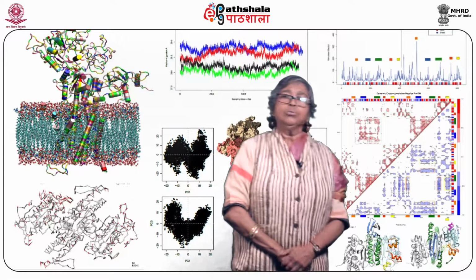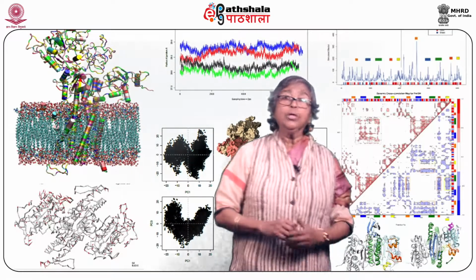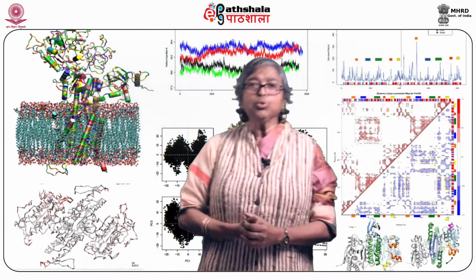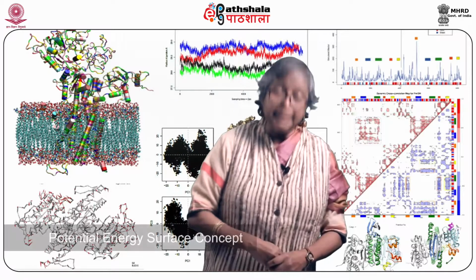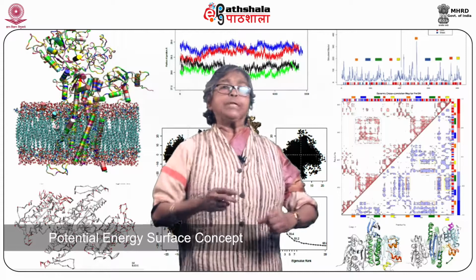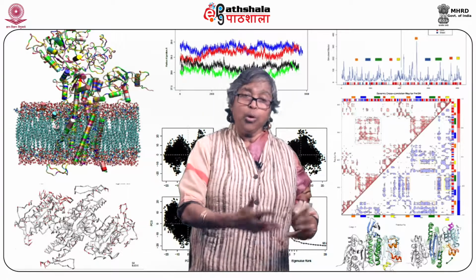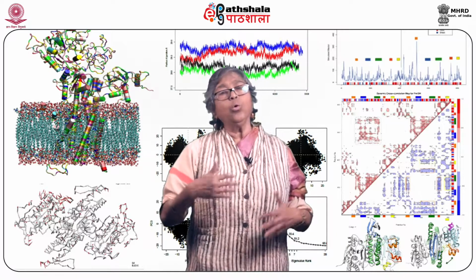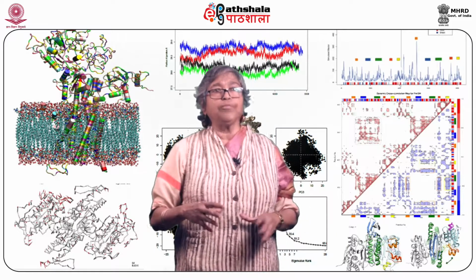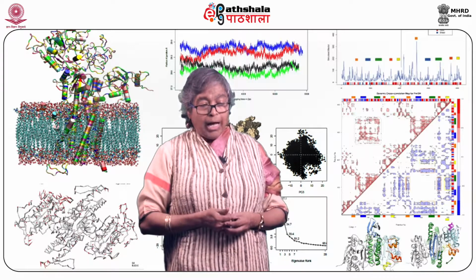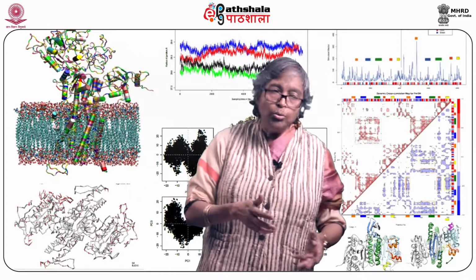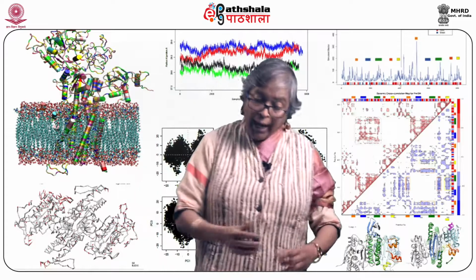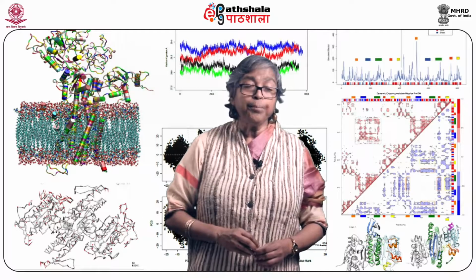I come now to the summary of this module. I have explained the potential energy surface concept, how it evolved from quantum mechanics to classical, and why the methods of energy minimization are not easy to use, and many methods have been described.